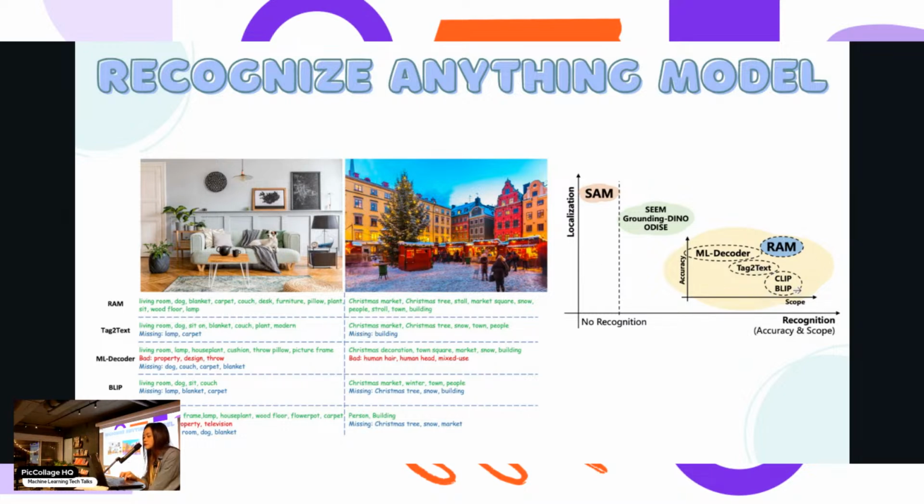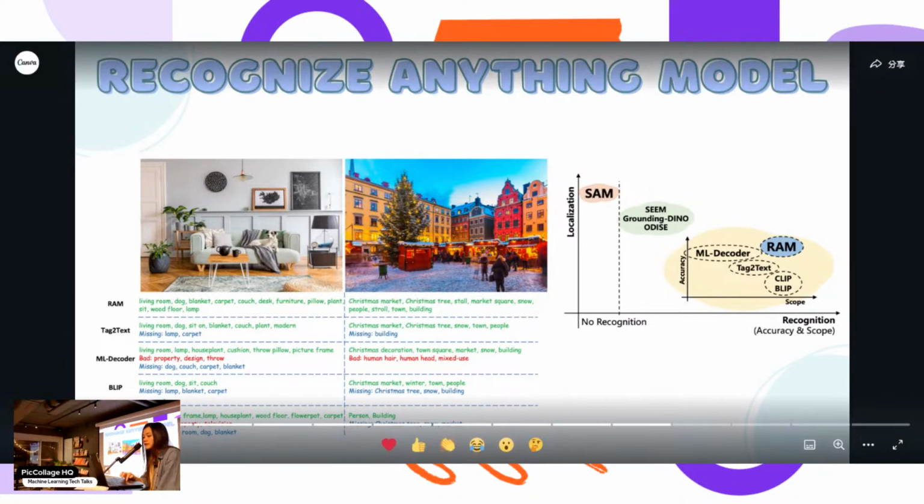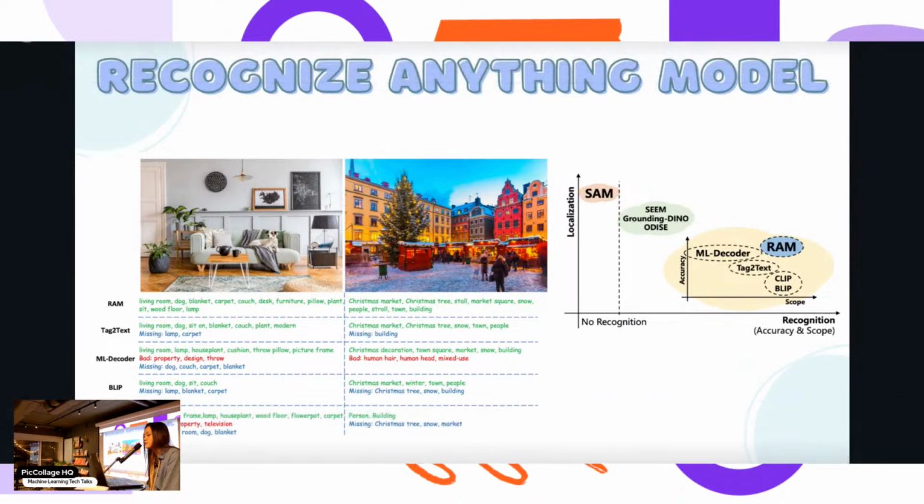And among other models that can do recognition, RAM has higher accuracy than others. For example here, RAM can detect almost everything, but other models like BLIP might miss something like the lamp or blanket. So I think RAM is something you can try for tagging.